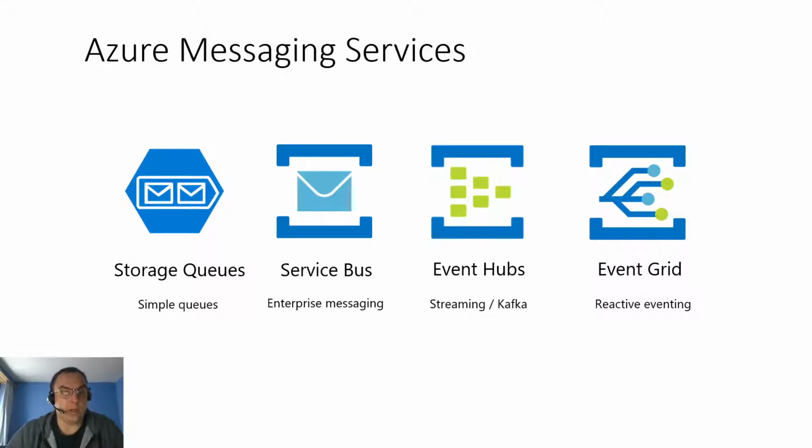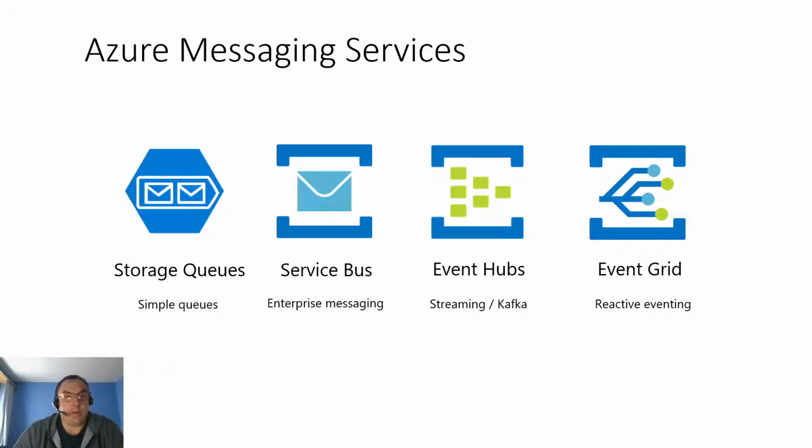You can still put an event grid in between that if you really wanted to, but that allows you to do some basic queuing. We have things like Service Bus, which is your go-to enterprise messaging bus with things like dead lettering and different kind of queuing mechanism. We have event hubs, which is great for streaming, like I explained in the sample application at the start. And then of course event grids, which is that reactive event managing. Like I said, there's not a silver bullet for all messaging.